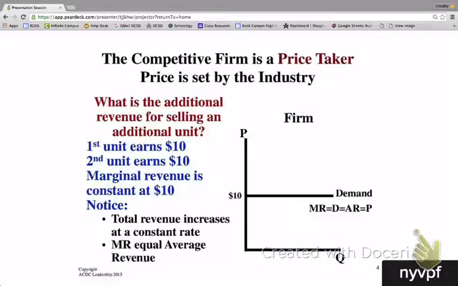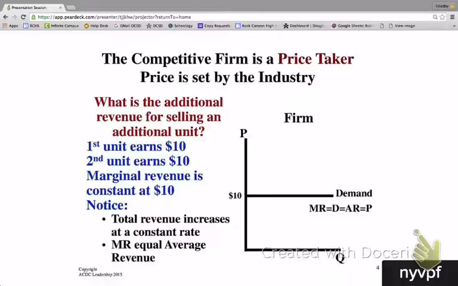And if you have to draw the average revenue curve, it will be perfectly horizontal at the price. And if you have to draw the individual firm's demand curve, it will be a horizontal, perfectly elastic demand curve at the price. So all four curves are the same, perfectly horizontal at the price.